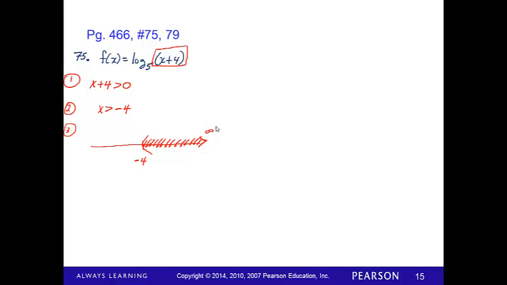And then I like writing the infinity off to the side, so I'll know it's there. So then when you give your interval answer, the interval would be negative 4, comma, infinity. So any x's you pull from this interval and you plug in here, they will work. Any outside this interval will make your argument negative or 0, which you cannot do.